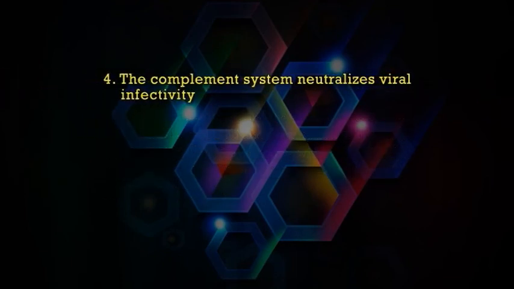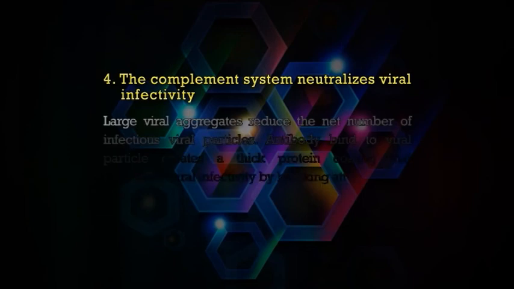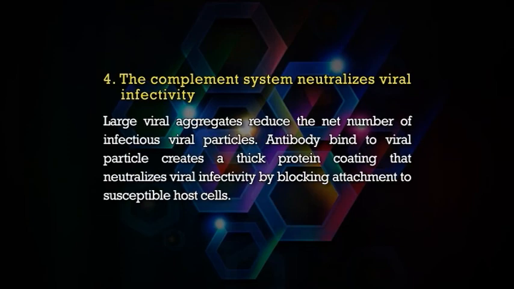The complement system neutralizes viral infectivity. Large viral aggregates reduce the net number of infectious viral particles. Antibody binding to viral particles creates a thick protein coating that neutralizes viral infectivity by blocking attachment to susceptible host cells.